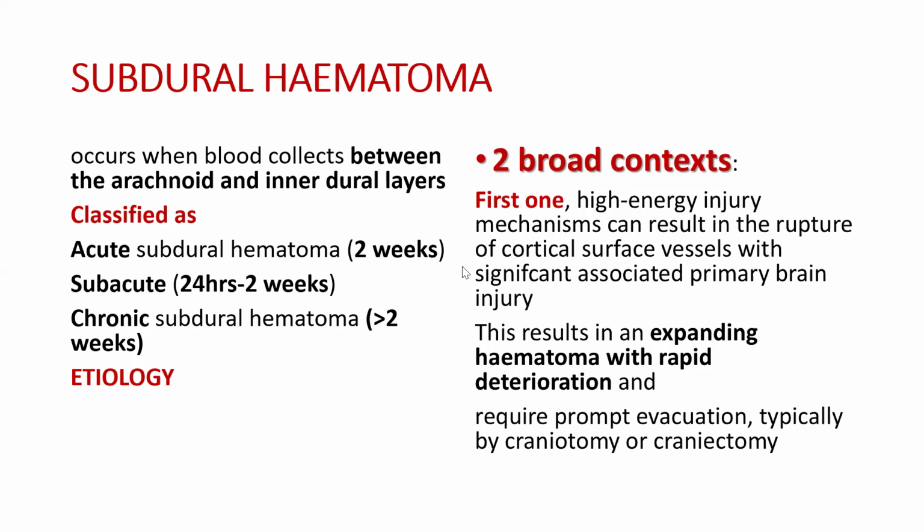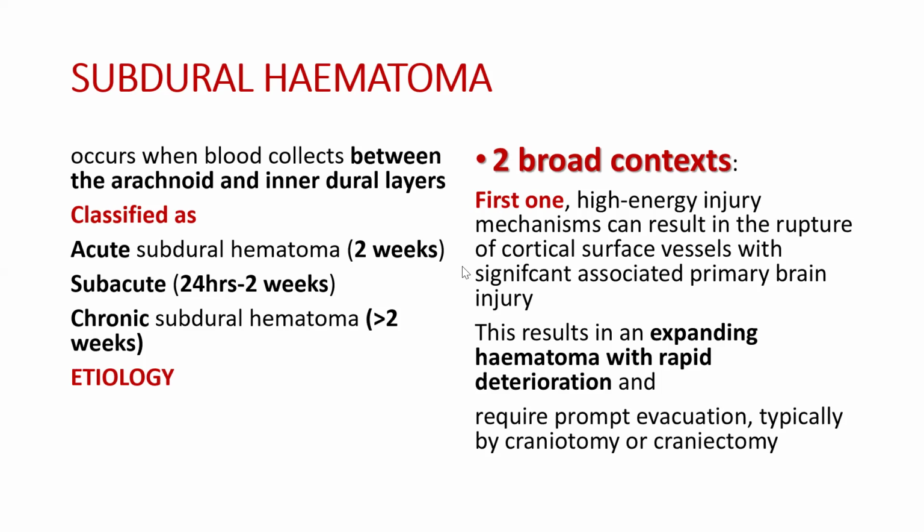We saw those layers at the beginning of this presentation. So it can be classified as acute subdural hematoma, which is less than 2 weeks, or it can be subacute between 24 hours to 2 weeks, or it can be chronic, which is older than 2 weeks.